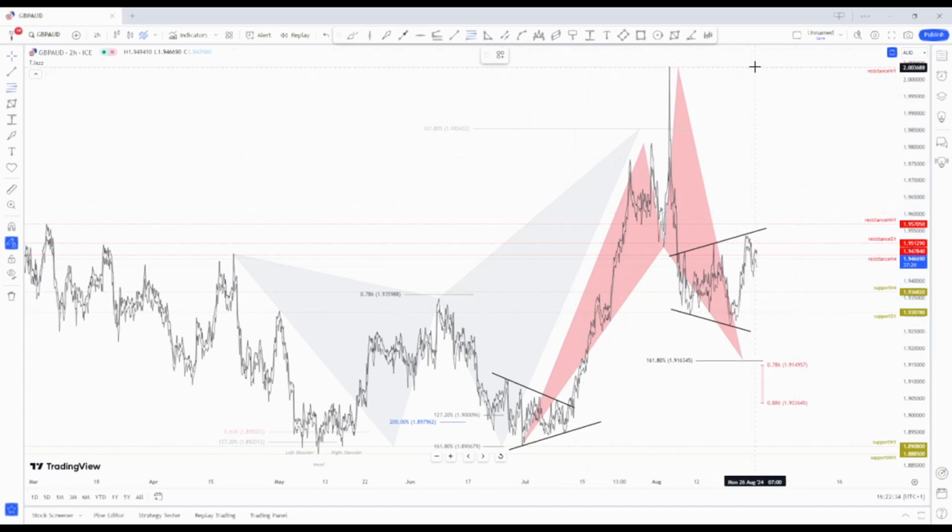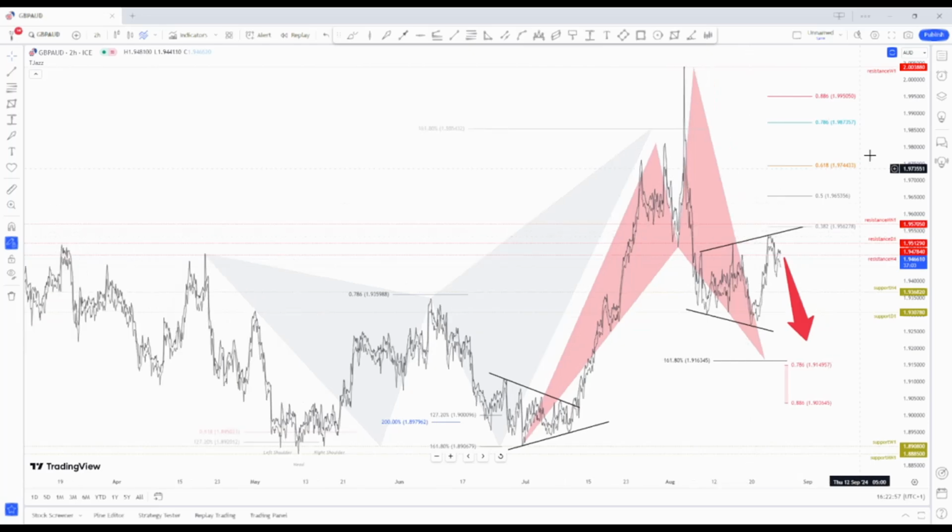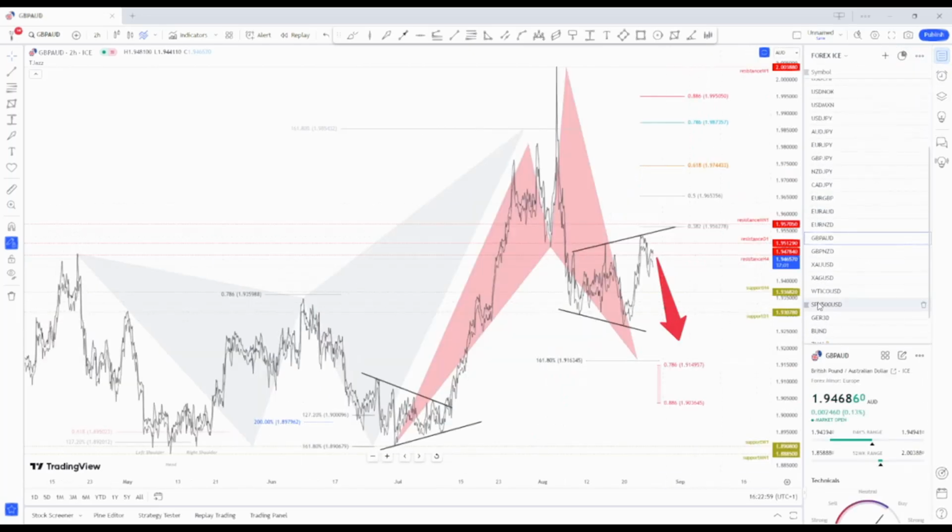Let me adjust those retracement levels again. 38% Fibonacci retracement right above at 95.62, and the price reacted to the resistance of this kind of an expanding triangle, as you can see here. So I do expect more downside also for the pair from here.